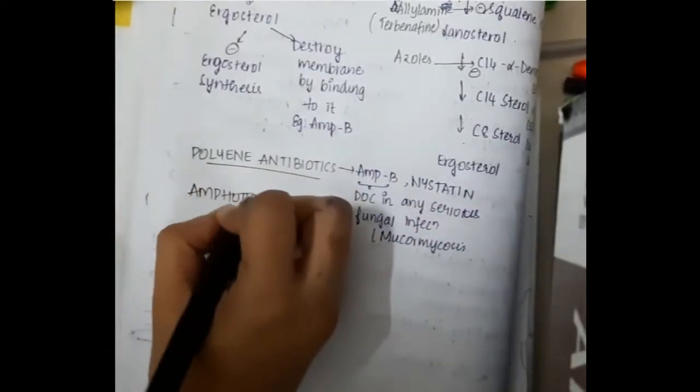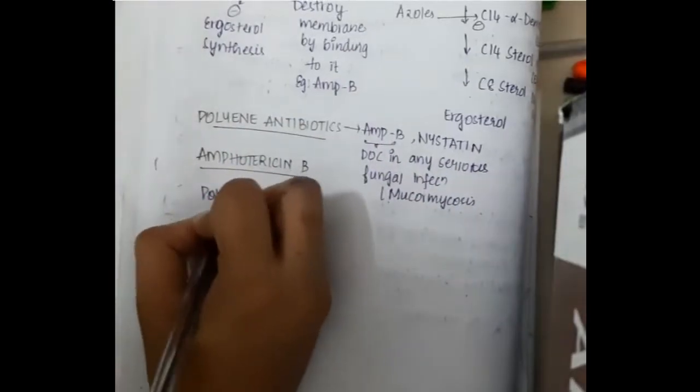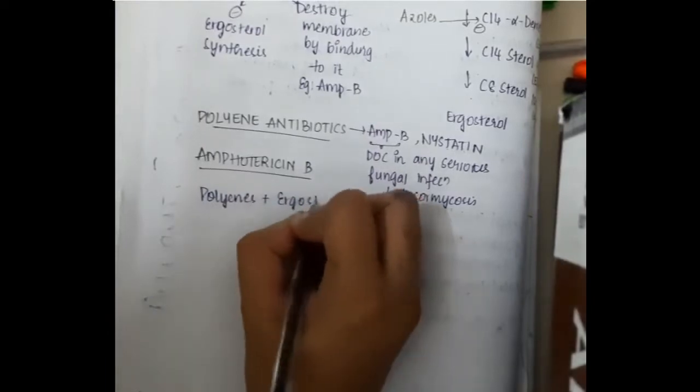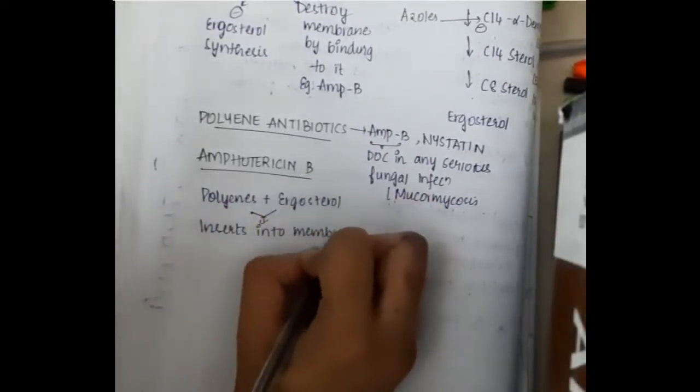Amphotericin B, or these polyenes, will combine with ergosterol and insert into the membrane.